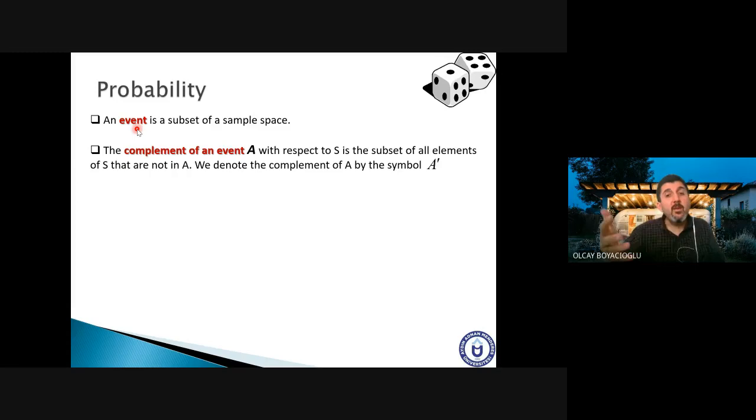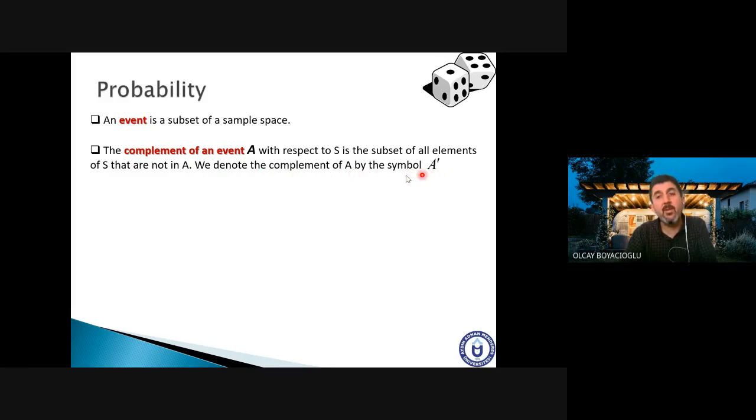Or also you can combine some of the events to make another event or like a combined event, okay? Combined event will be better description probably. And we have another description called complement of an event A. The complement of an event A with respect to sample space S is the subset of all elements of S that are not in A. We denote the complement of A by the symbol A prime.